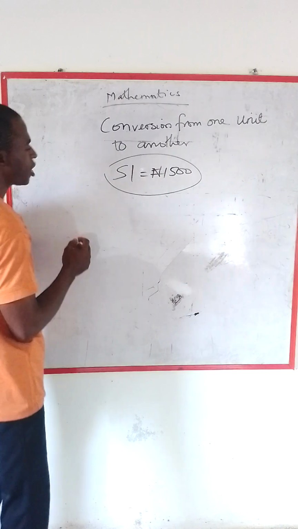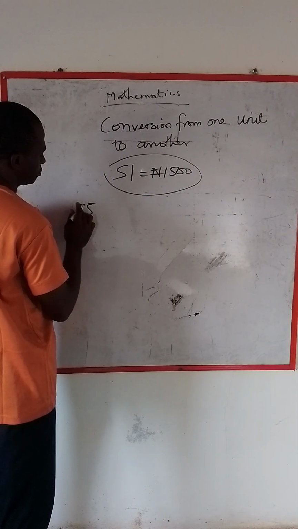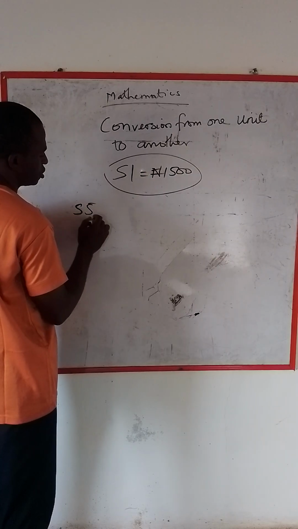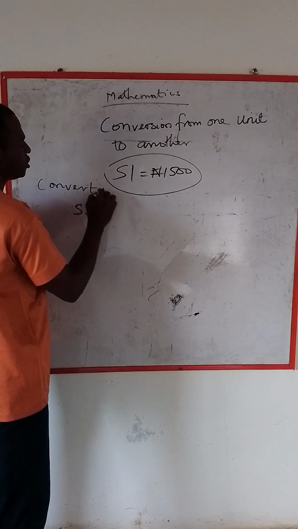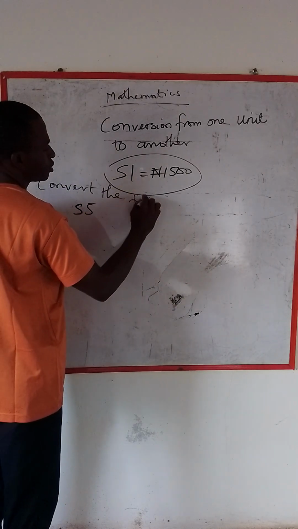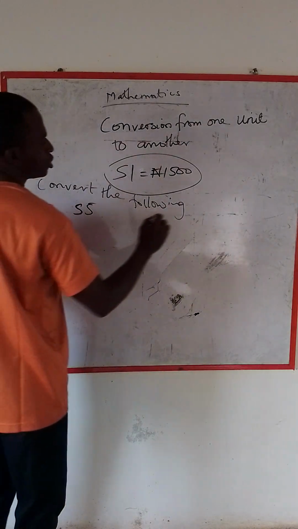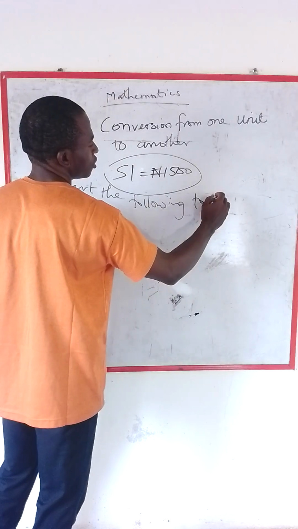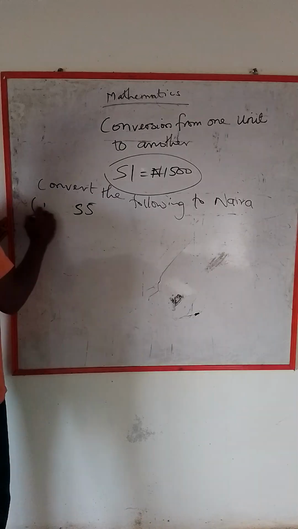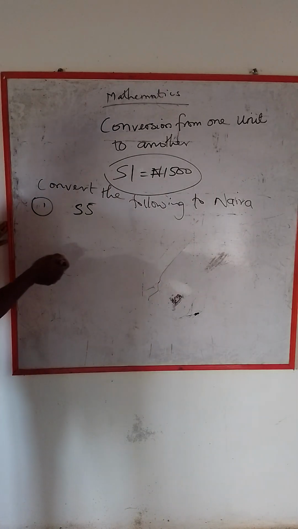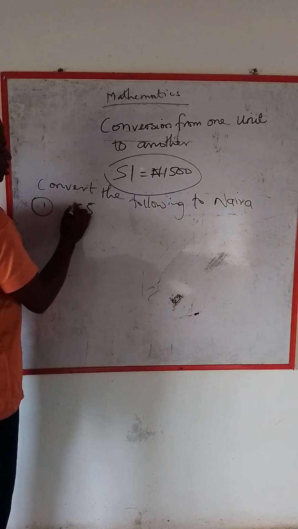So if we want to convert naira to dollar with what we already have as a relationship here, for example, I'm converting $5 to naira. Convert the following to naira. Number one, the way of converting this one is for us to go back to our relationship.